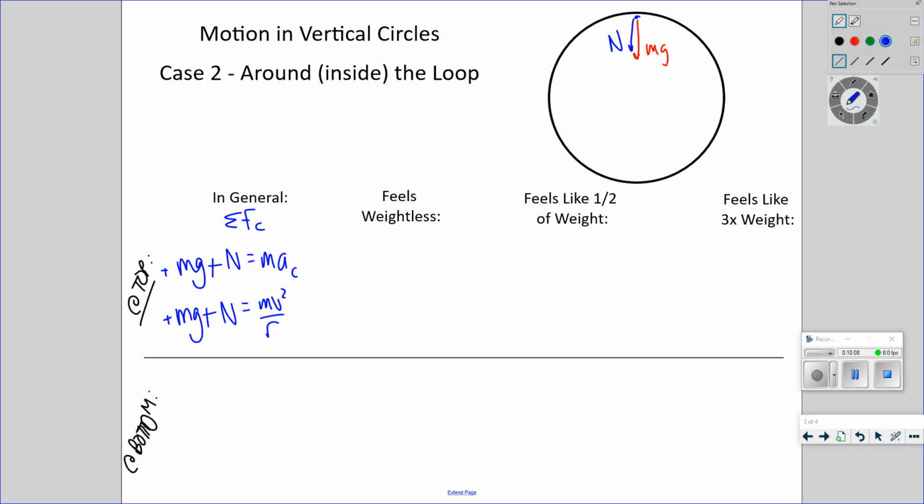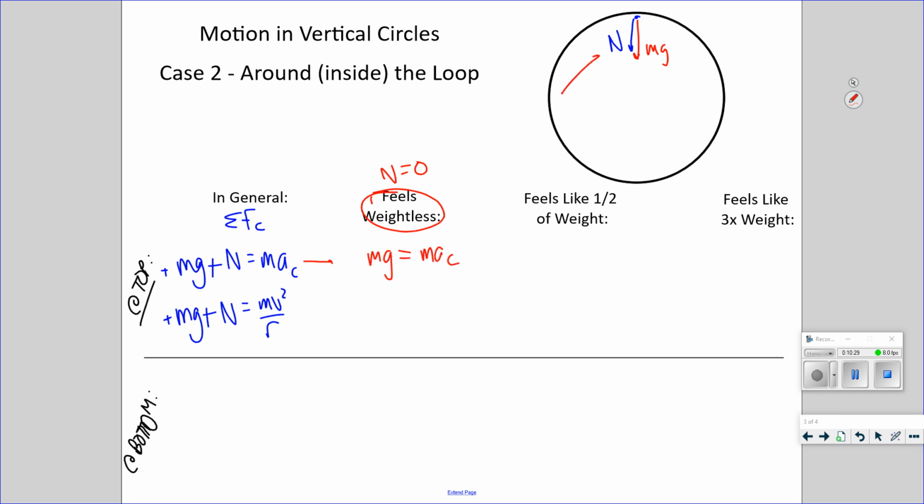A rider in a roller coaster car around a vertical loop could feel weightless. That implies N equals 0. So we take this expression and say N equals 0. If we got rid of that normal force, mg would still point inward. This thing can still move in a circle, even without, for an instant, being in contact with that surface at all. Like before, this says that g is v squared over r. Solve for what you want to solve for.